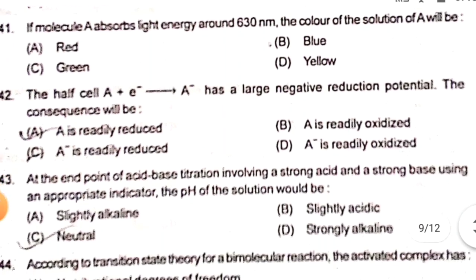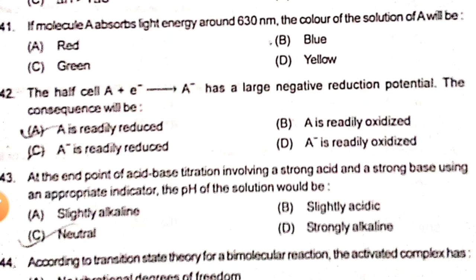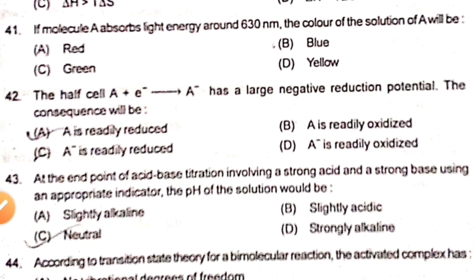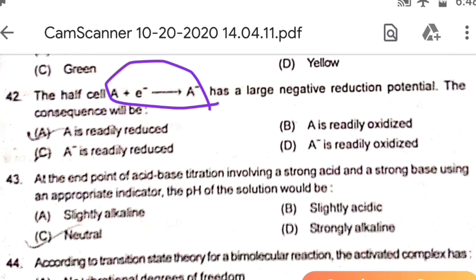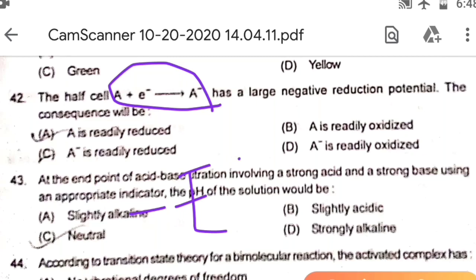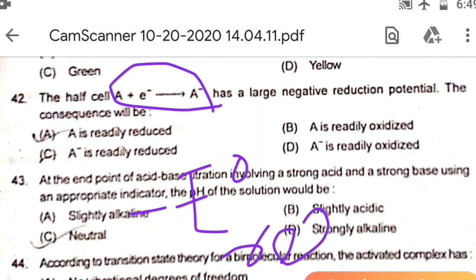Then the next question, 42. The half cell A plus e minus gives rise to A minus has a large negative reduction potential. What will be the consequence? This is your original equation. If the half cell reaction has a large negative reduction potential, that indicates a lesser tendency for reduction.